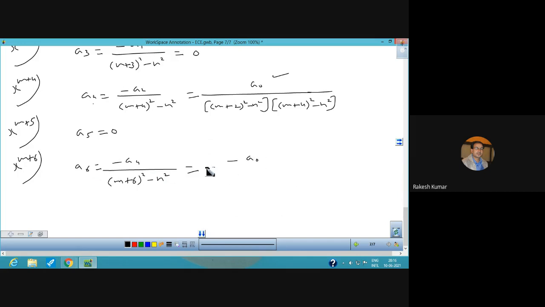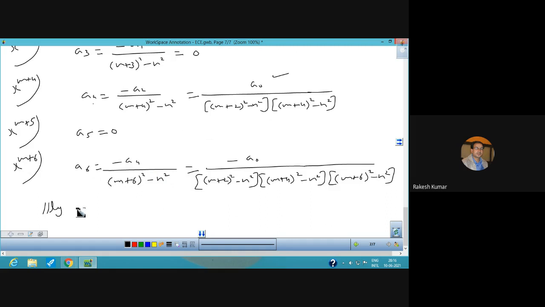So negative a naught, divided by m plus 2 whole square minus n square, and m plus 4 whole square minus n square, and the third bracket is this one, m plus 6 whole square minus n square.